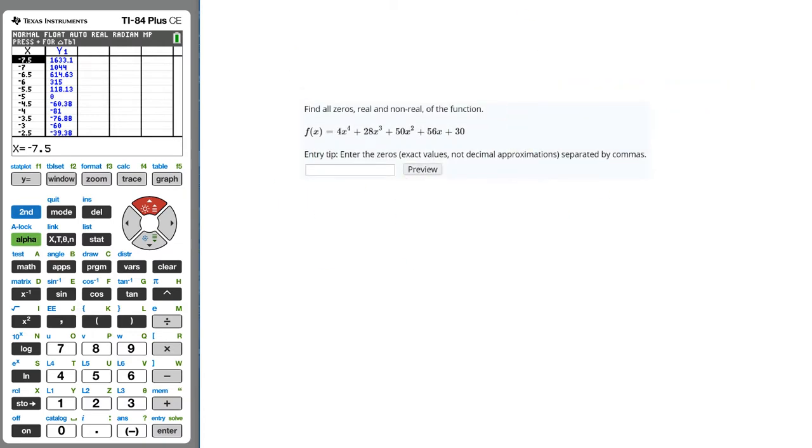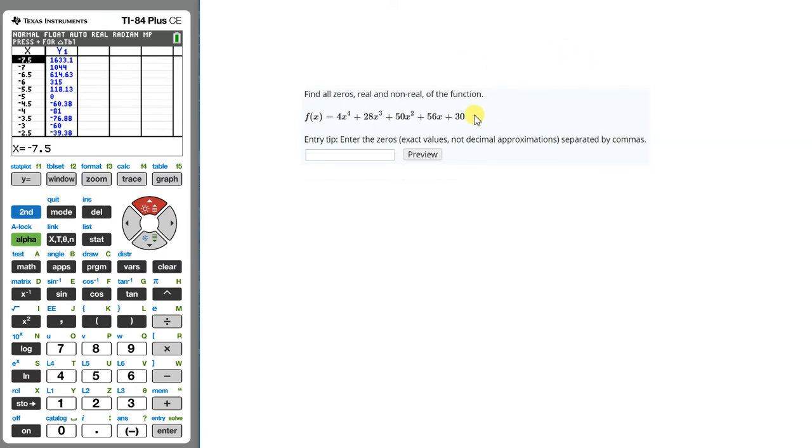Okay, so what we've done is we first factored out a 2. And so that's 2 times what? 2x to the 4th plus 14x cubed plus 25x squared plus 28x plus 30.